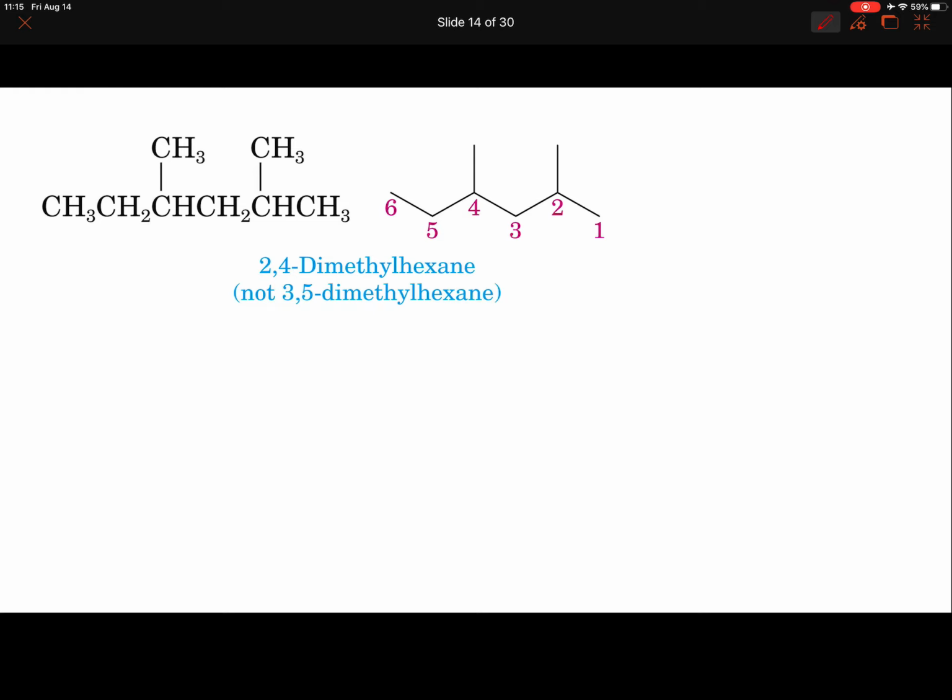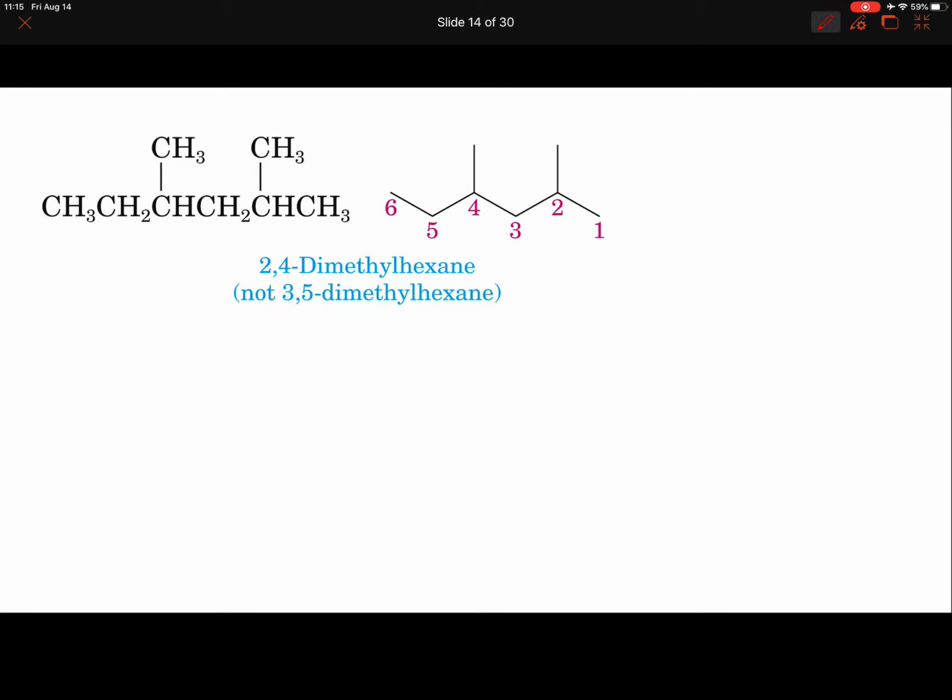So if the same substituent occurs more than once, then you number the parent chain from the end that gives the lowest number to the substituent encountered first. So if we numbered this way, 1, 2, 3, 4, 5, 6, the fact that our first one is a 3, whereas this way our first one is a 2, means that we're going to go with the 2.